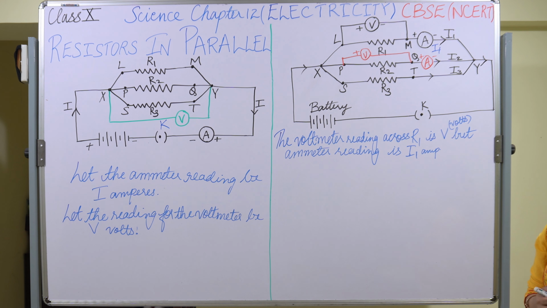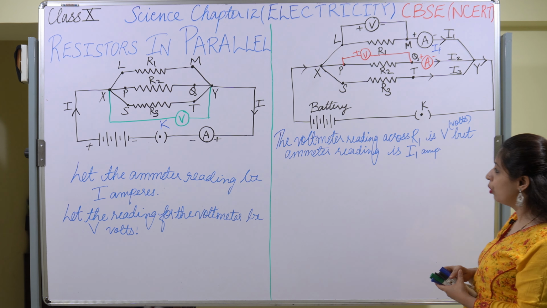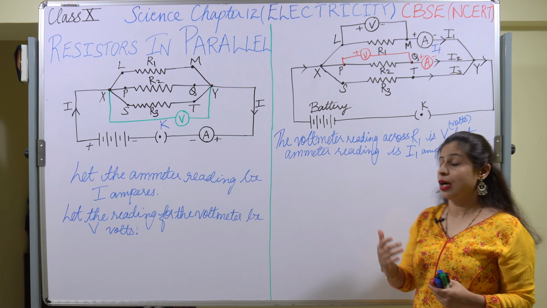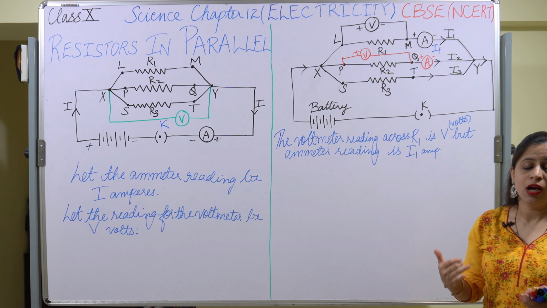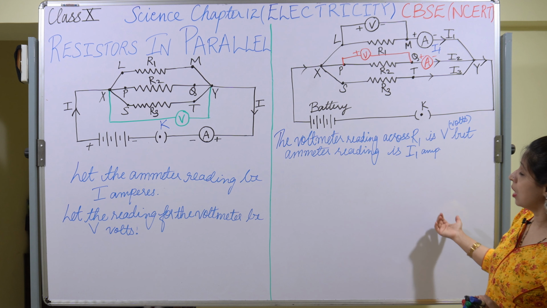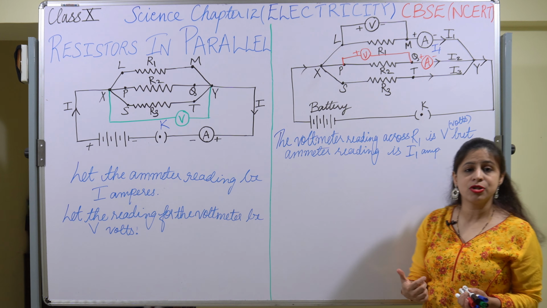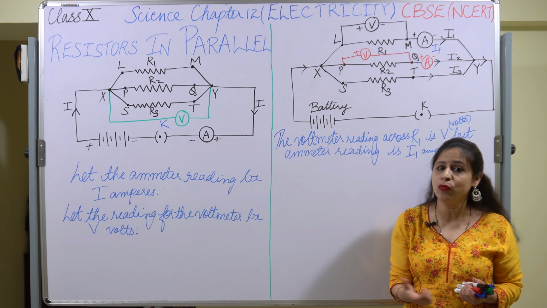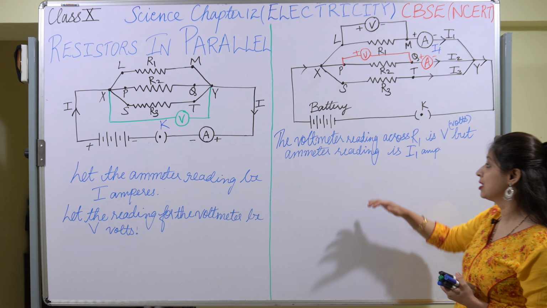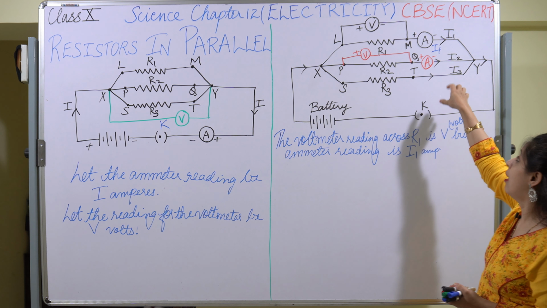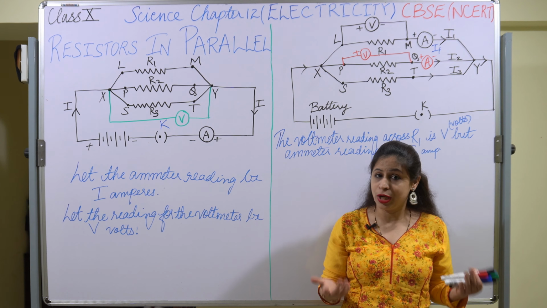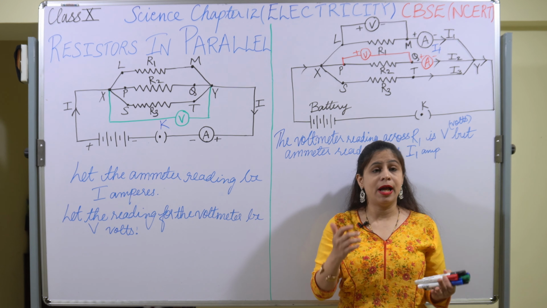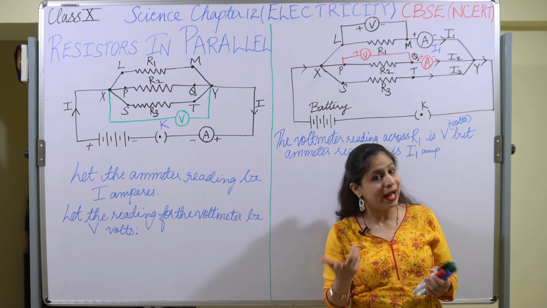Okay, connect it across R2. So we again plug in the switch, switch on the key, and we again see that the voltmeter reading is V volts only. So the voltmeter reading is constant and the ammeter reading changes; the current reading has changed, and it came out to be, let us say, I2.